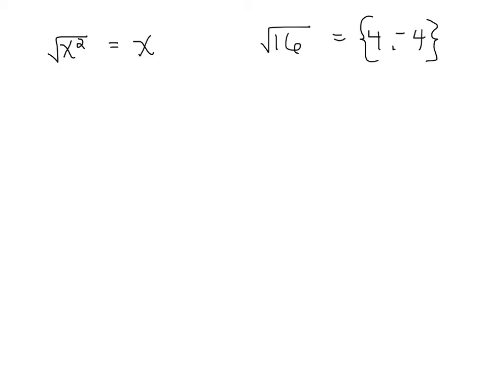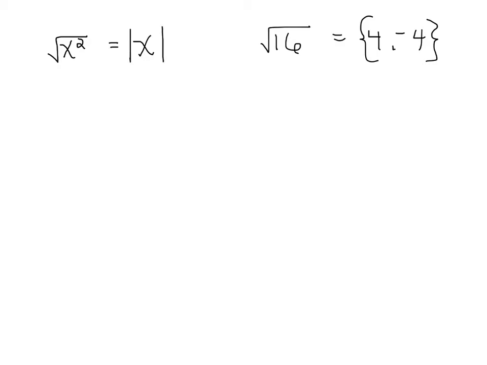Square roots of variables. If I say square root of x squared, I know that that is x. But just like the square root of, let's say, 16 could be either 4 or negative 4, when I'm dealing with variables and I'm solving equations, I need to be as exact as possible.